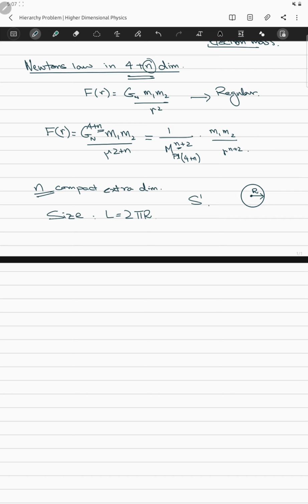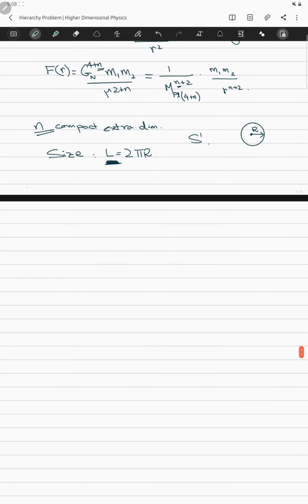Okay, now the force lines from a source mass are compelled to go parallel in these additional dimensions when the distance within the regular 3 spatial dimensions is larger than this L. So let me just write small r over here as well.